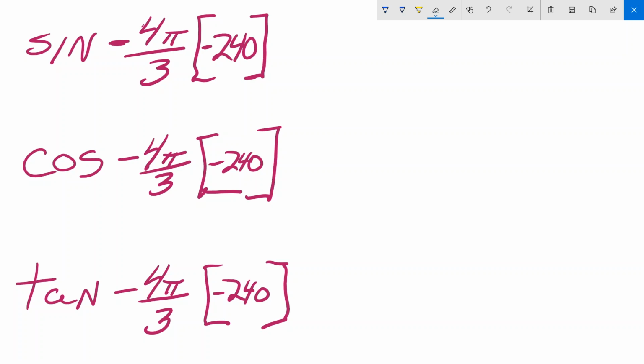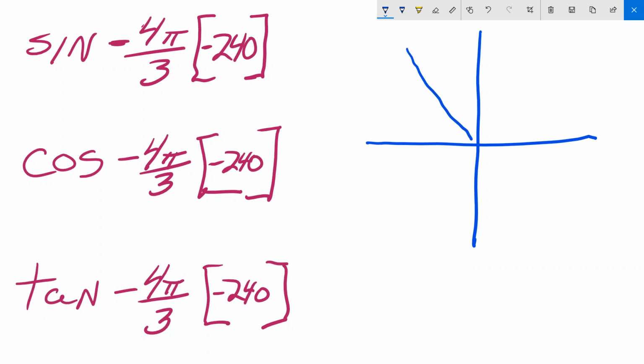Tell me when you can see my screen, when you're back online. In fact, I'll go ahead and draw it, just so you'll have something to see when you see it. There's our 240 degree angle.